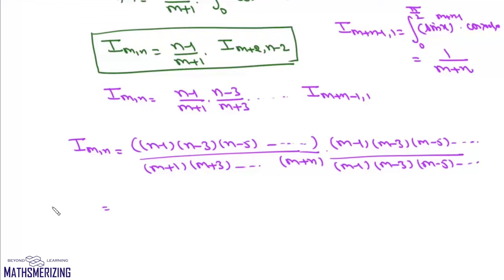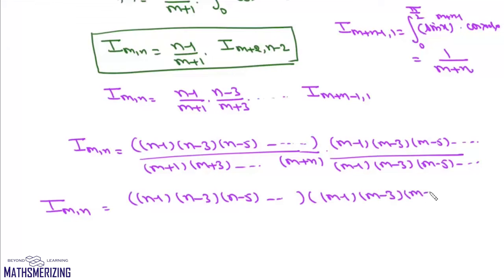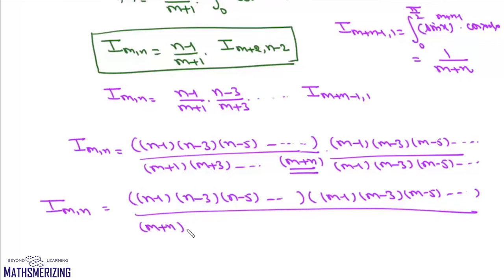So now we can write this Imn as n minus 1, n minus 3, n minus 5, and this is m minus 1, m minus 3, m minus 5, and this is m plus n, m plus n minus 2, m plus n minus 4, and this is what we need to prove.